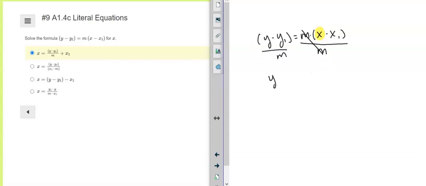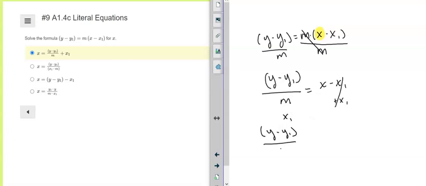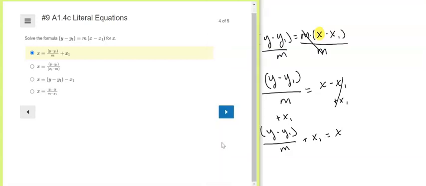So you have y minus y1 over m equals x minus x1. Again, I'm trying to solve for this x, so I'm going to remove this by adding x1 on both sides. And so it's just y minus y1 over m, plus x1, and that equals x, and that's what I have there.